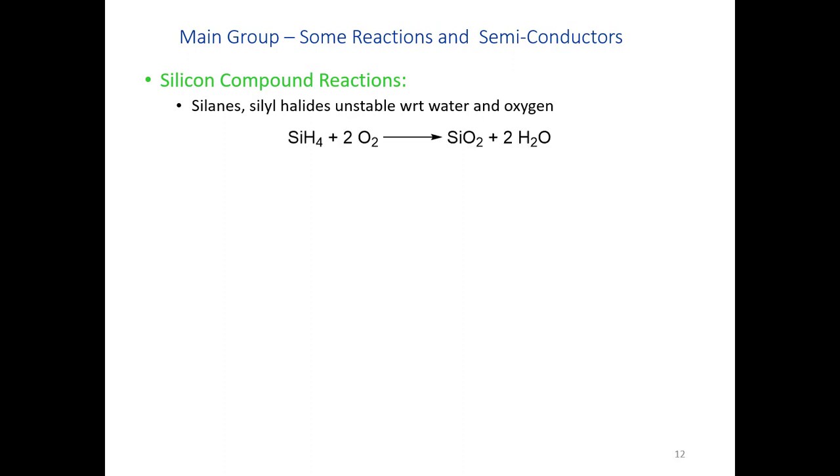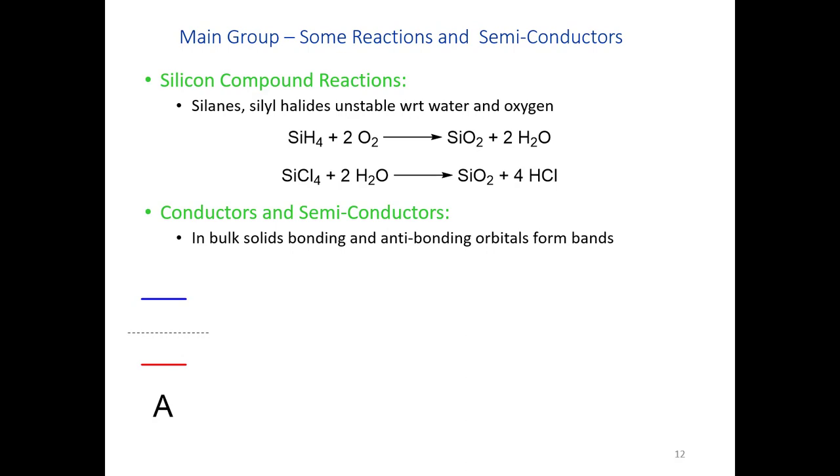Silane will react with oxygen to form silica, because this reaction is both kinetically and thermodynamically favorable. You can burn methane in air, but you need a lot of energy to start the reaction. Similarly, tetrachlorosilane reacts readily with water to form silica and acid. Carbon-chlorine bonds, in comparison, don't react with water without forcing conditions.